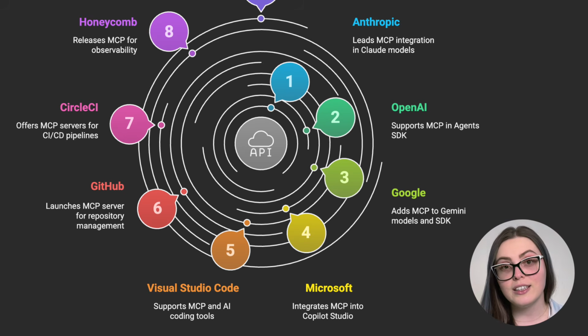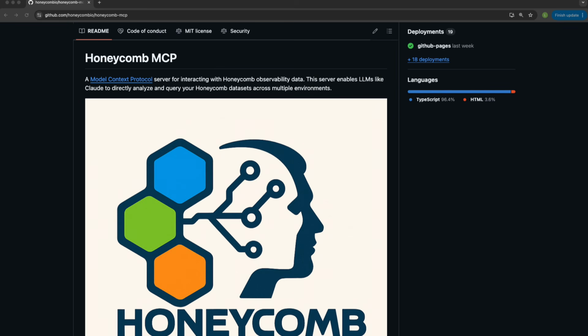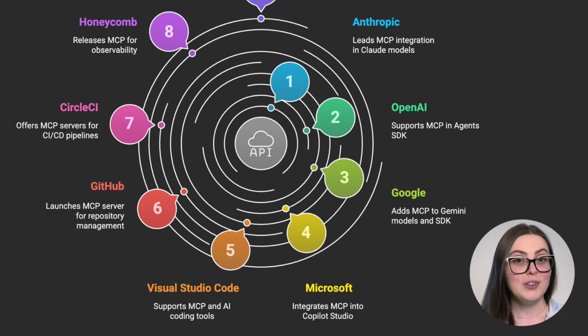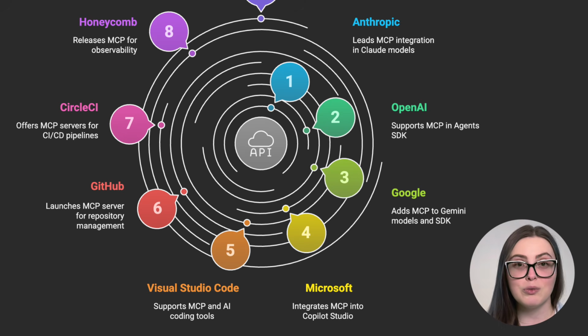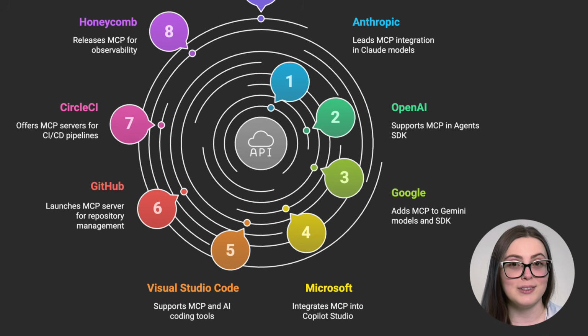And just recently, the observability platform Honeycomb released their own MCP. Community contributions are growing really fast. Developers are creating MCP servers for everything from database access to creative tools to IoT device control. We are seeing support from major AI companies, development tool providers, infrastructure platforms, and individual developers.